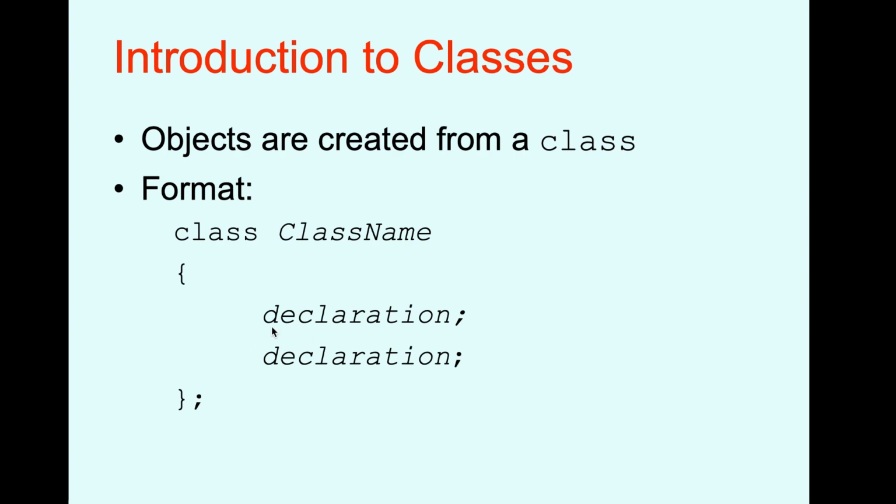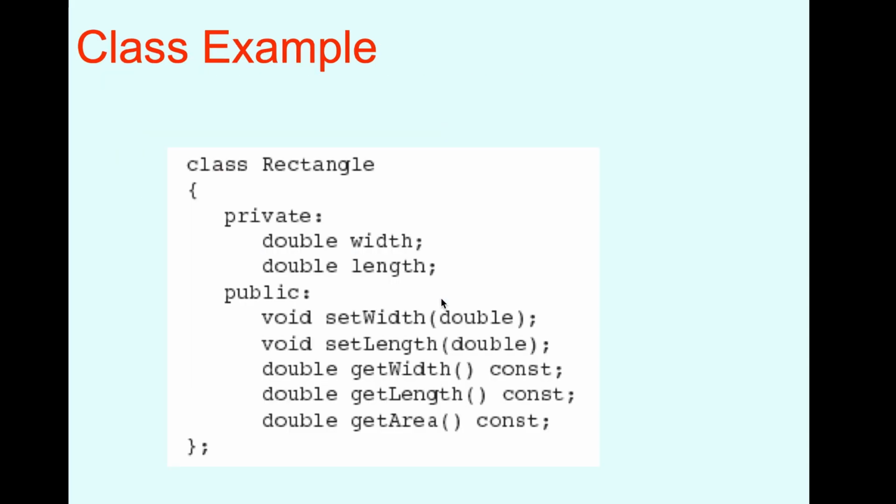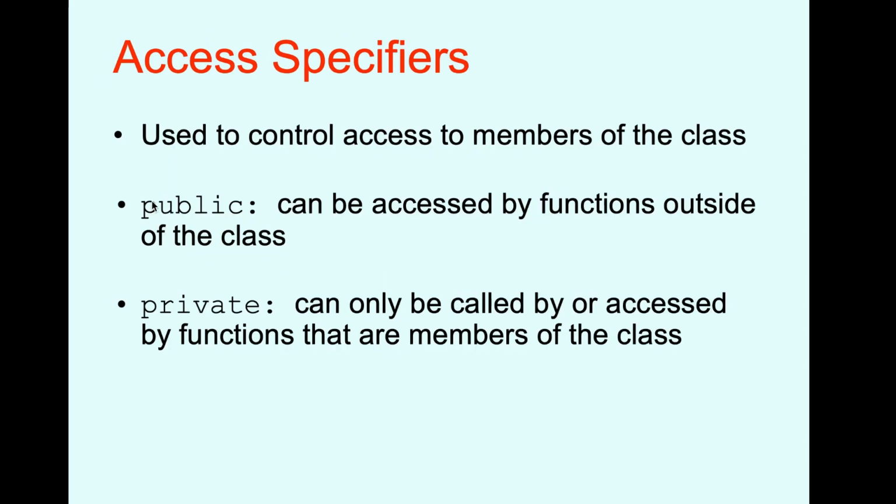Then there will be two curly braces, and at the end a semicolon. Inside these two curly braces will be the properties and the functions of the class. The access specifiers mean how to use the private keyword, the protected keyword, and the public keyword.